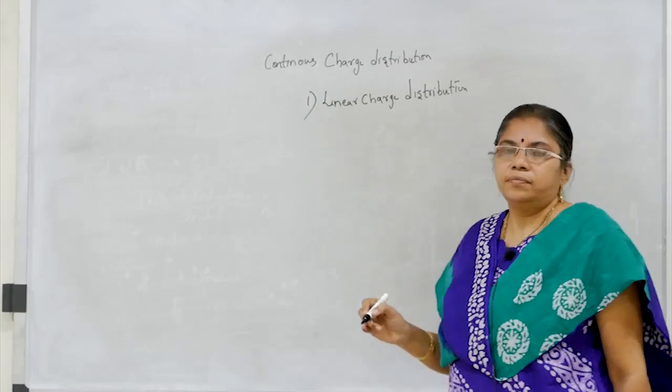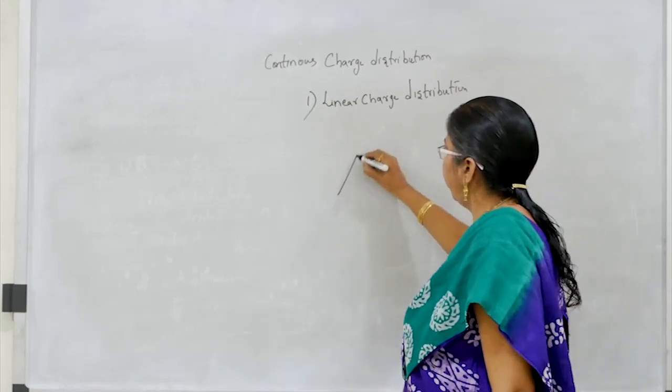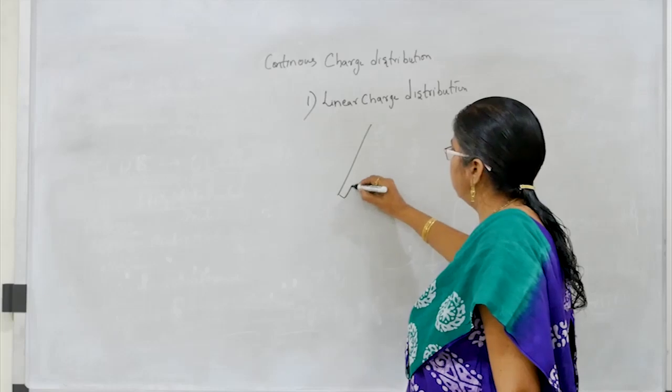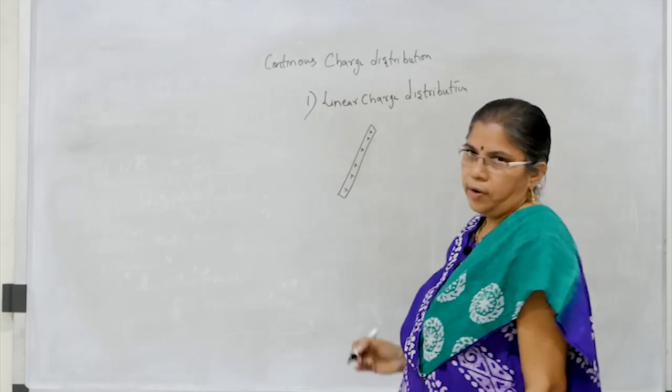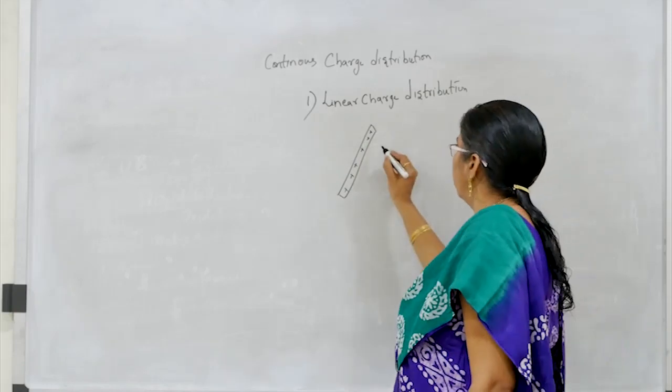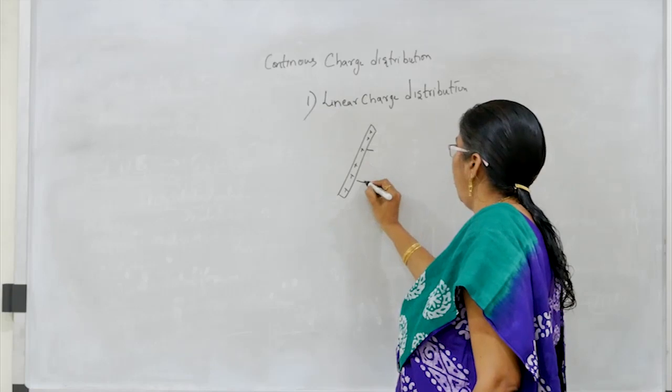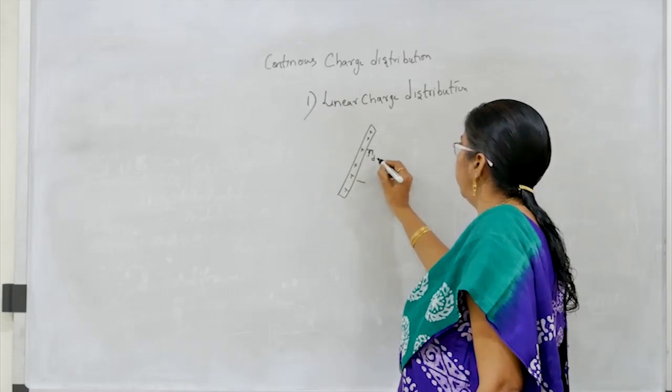How is this done? Suppose I take a rod and it is positively charged, and from this I take a small length dl.